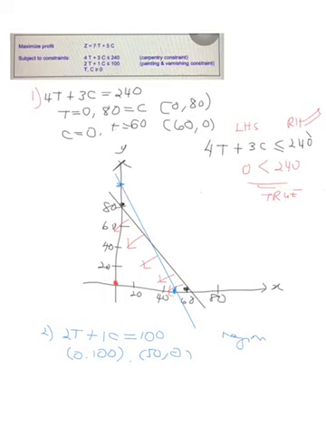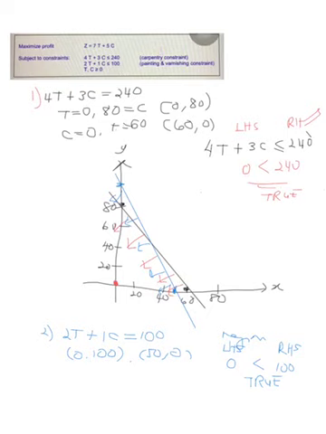Substitute t equals 0, c equals 0, so we have 0 on the left hand side and 100 on the right hand side. The inequality is less than, so is 0 less than 100? The statement is true, so the area for the second constraint is below the blue line.